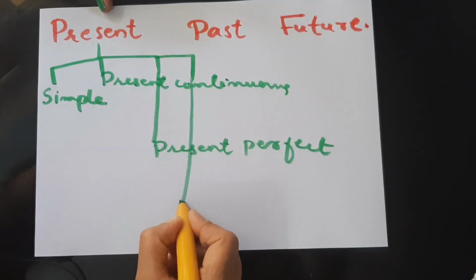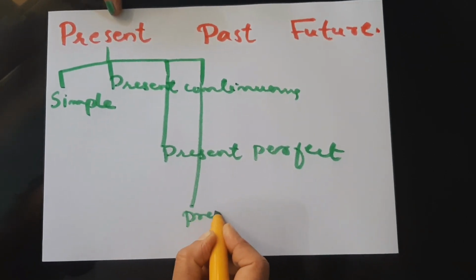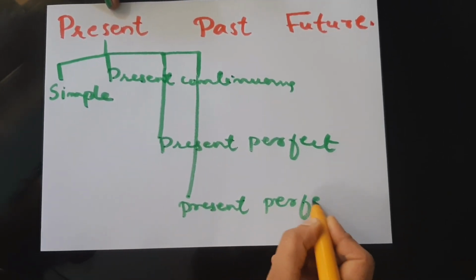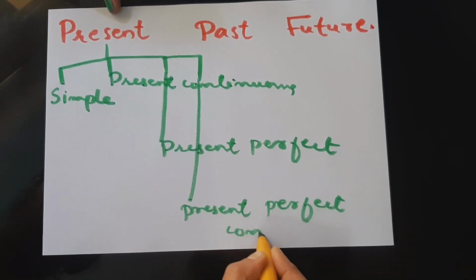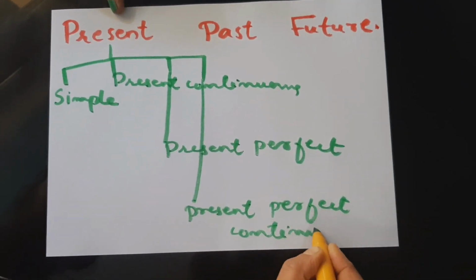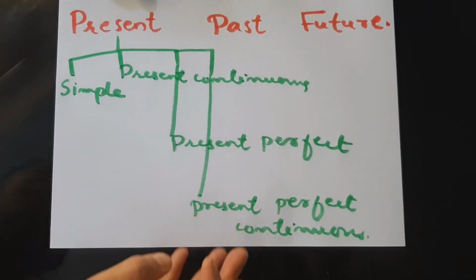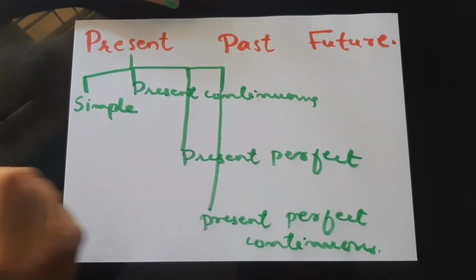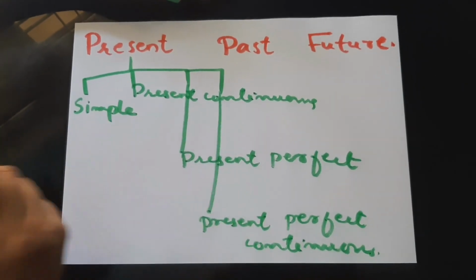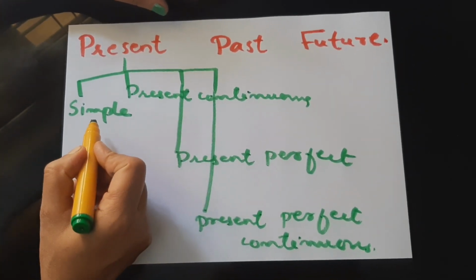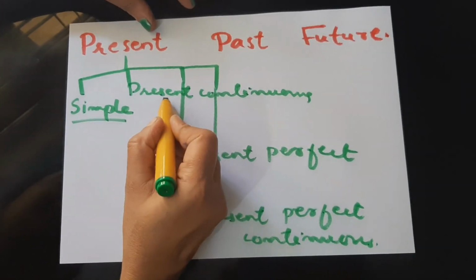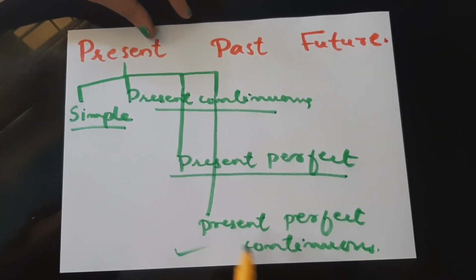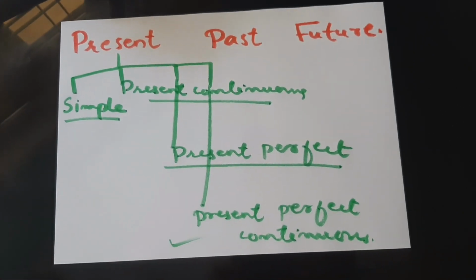And the last one, present perfect continuous. That is, the present tense is divided into 4: simple present, present continuous, present perfect, and present perfect continuous.